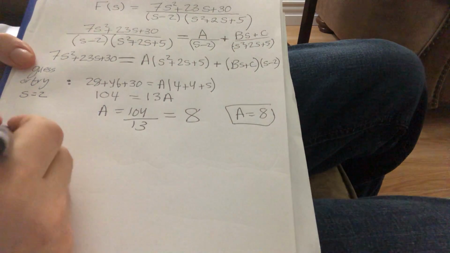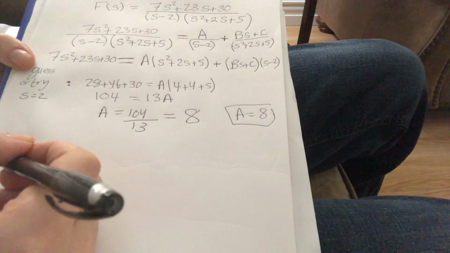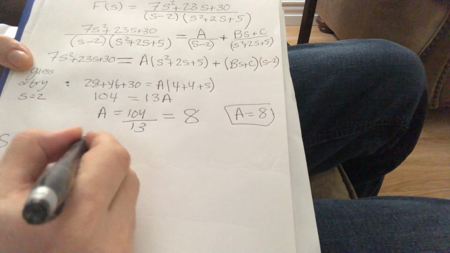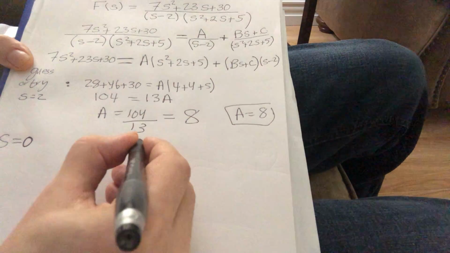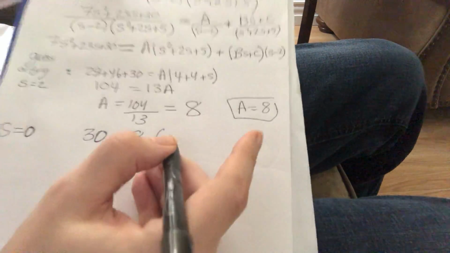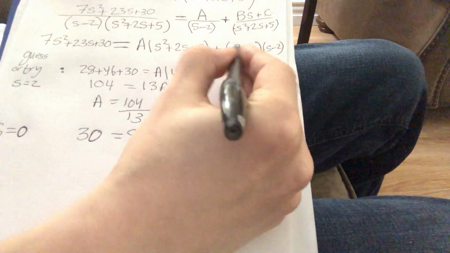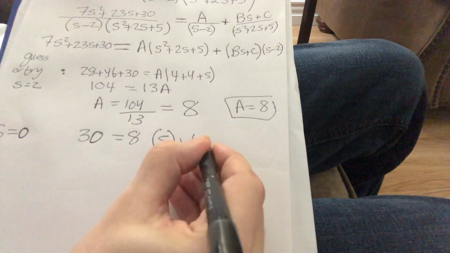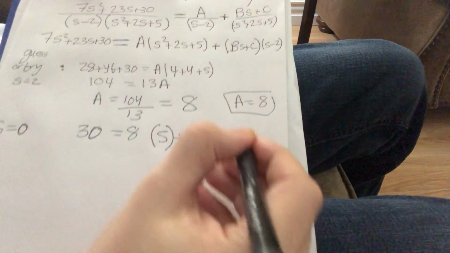To figure out c, I'm going to try and guess another number, 0. 0 here gives me 30. a is 8. 0 here gives me 5. 0 cancels the b. And 0 here gives me minus 2.